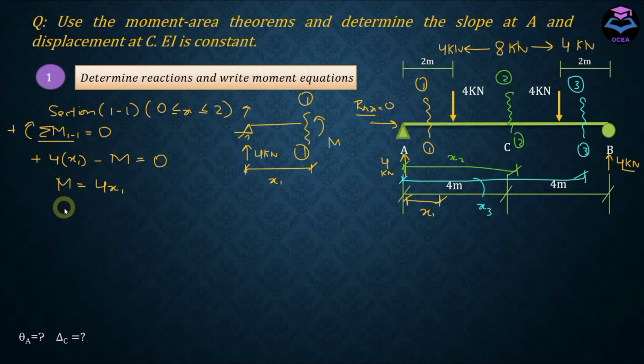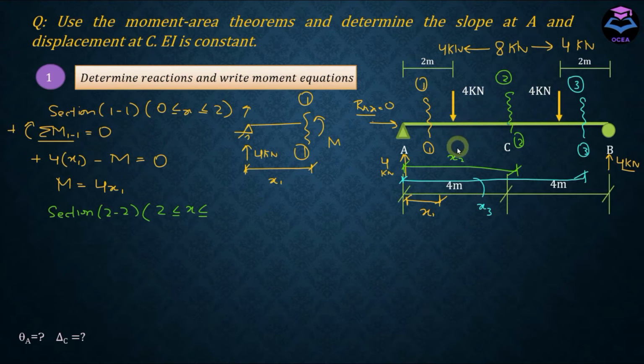This second section will help you draw the moment diagram. Section 2 starts from 2, x is greater than or equal to 2, and x is less than or equal to 6, that is 2 plus 4.